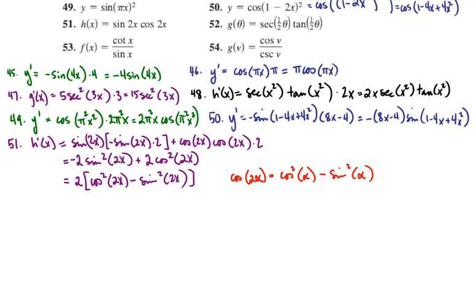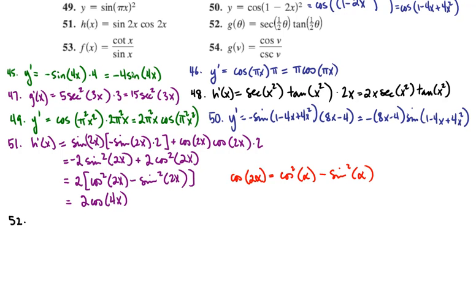Cosine of 2 alpha is cosine squared of alpha minus sine squared of alpha. So in this case, we would have cosine of 4x as our variable is here. So cosine squared of 2x minus sine squared of 2x is cosine of 4x, and 2 times that would be 2 cosine of 4x. We'll go into number 52.